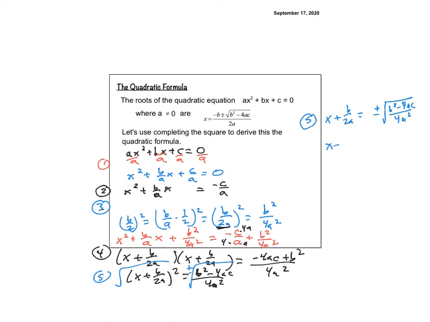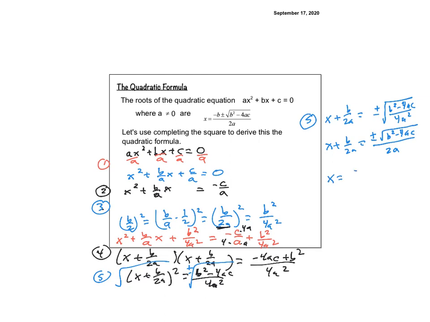Now, we can't find the square root of the numerator. It's going to stay b squared minus 4ac. But we can find the square root of 4a squared. Square root of 4 is 2, and square root of a squared is a. All right, so now let's bring over b over 2a there on the left-hand side. So I'm going to subtract it.